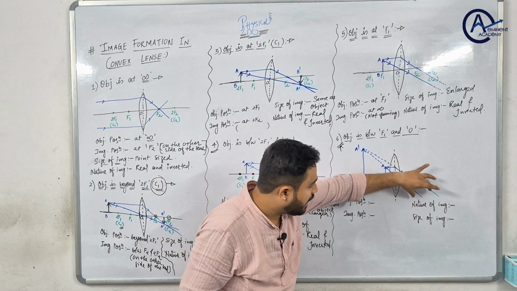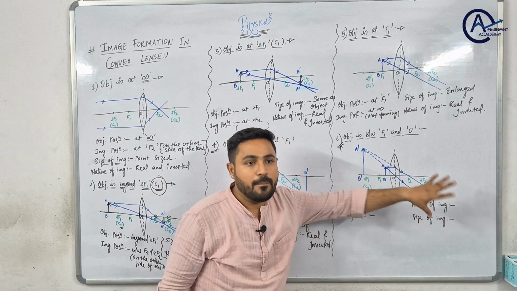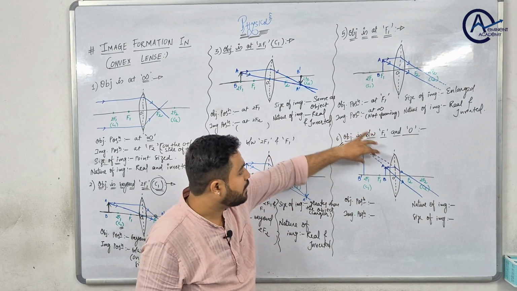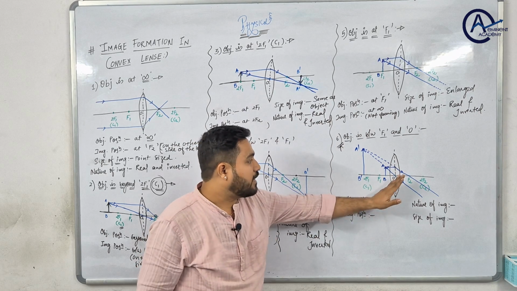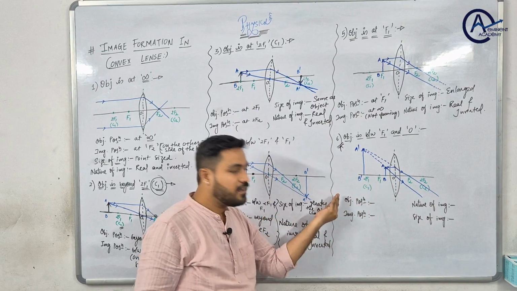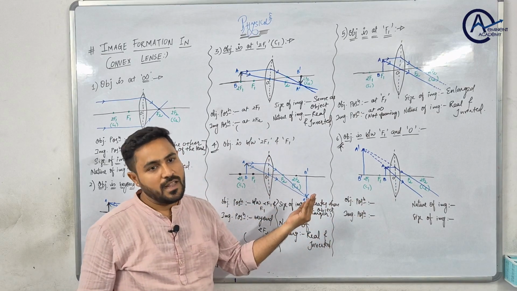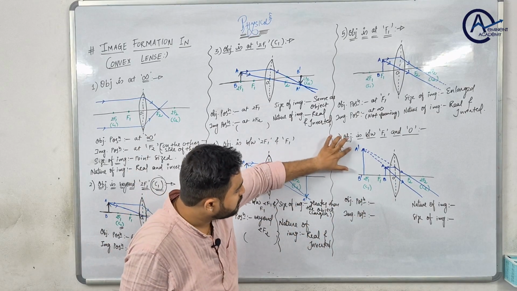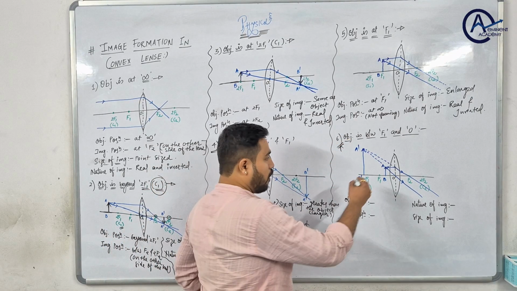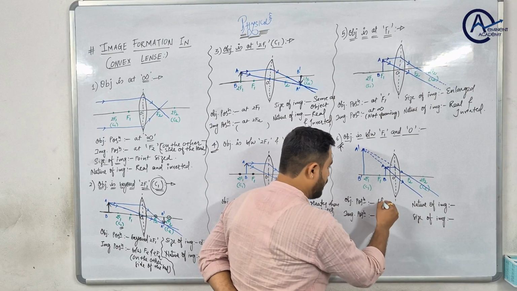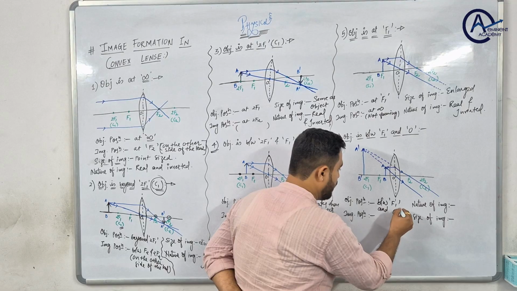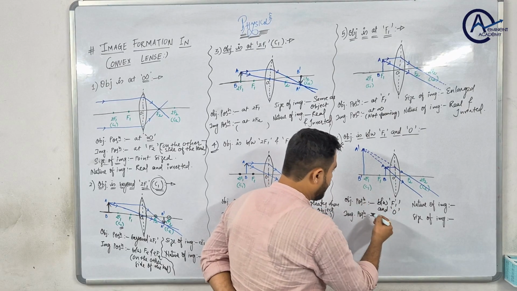They will never meet each other, but if we trace them back, it seems they meet at some point on the first side of the lens, in front of the lens. So the image is forming here somewhere. The object position is between f1 and O, O meaning the optical center.